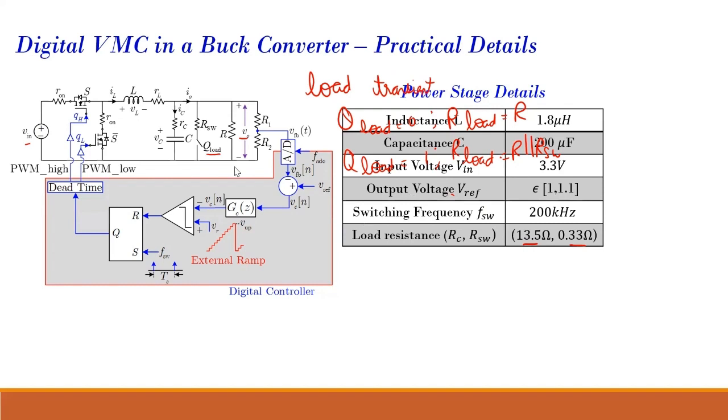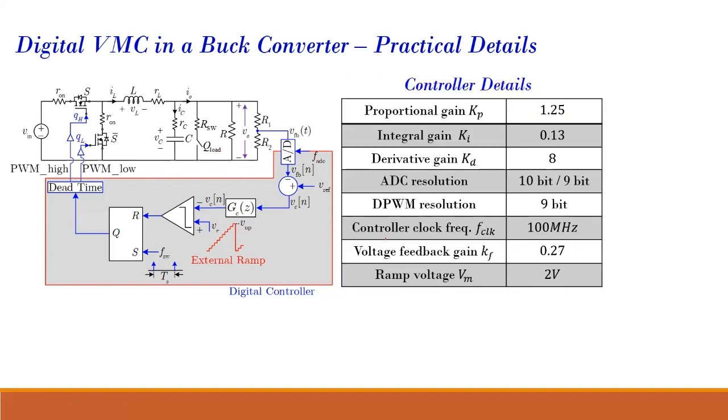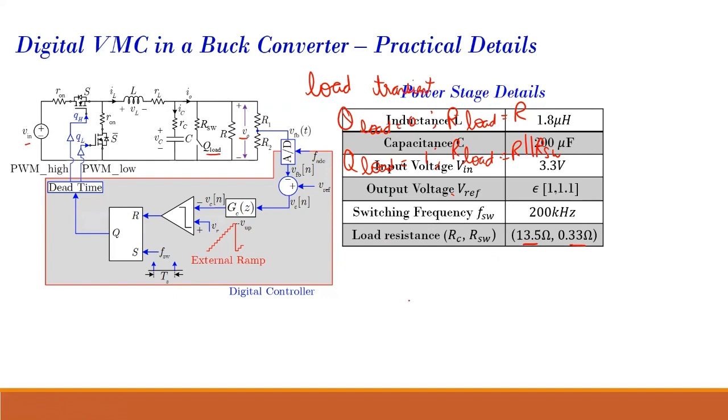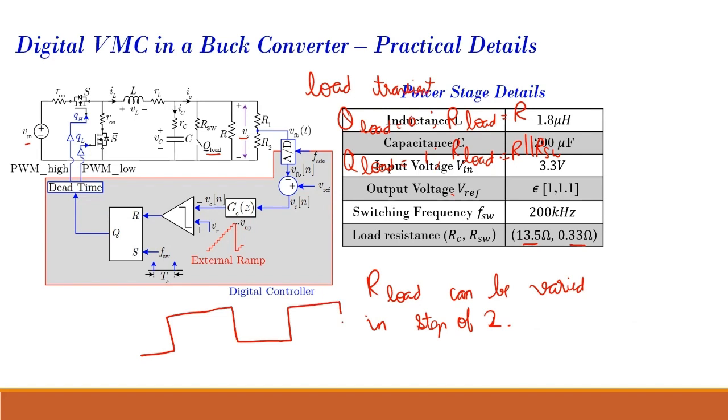That's how we can achieve different values of load resistors. So our load can be varied in steps, between two different values. And based on that, we get a load transient. The current will go from here to here, here to here, etc. And we want these periodic transients so that we can display them on the oscilloscope.